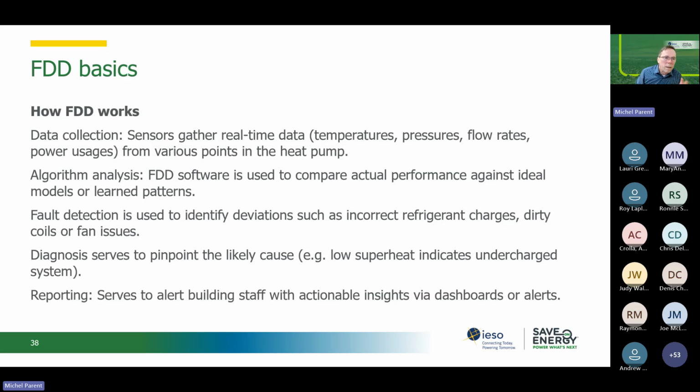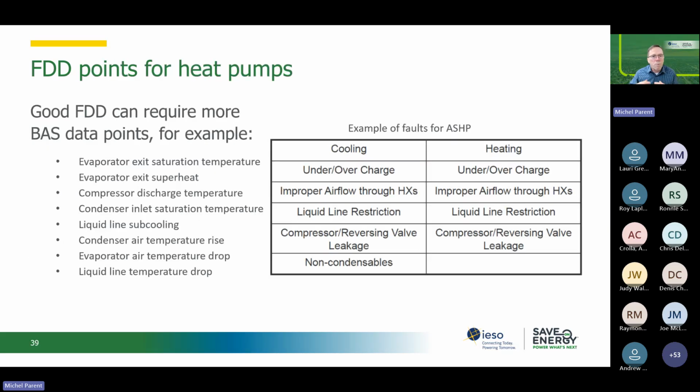That would really limit the FDD. So I'd say if you don't have a lot of internal points from your heat pump, don't go down the route of FDD right now. You better improve the number of points by having, like I said, an AAC with a lot of points before you jump into FDD. Otherwise, it would be a waste of money and a waste of time.